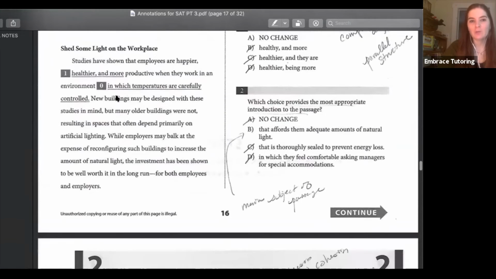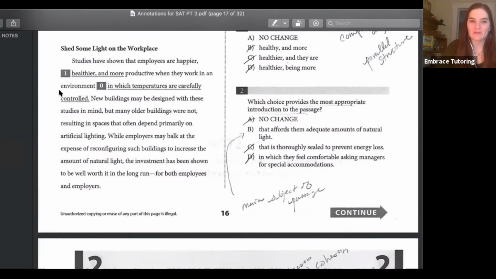Okay, so of these choices, we know that they're focused on employees. They're not focused on conserving money or energy loss, right? So that is thoroughly sealed to prevent energy loss. That's not what's affecting the employees, right?